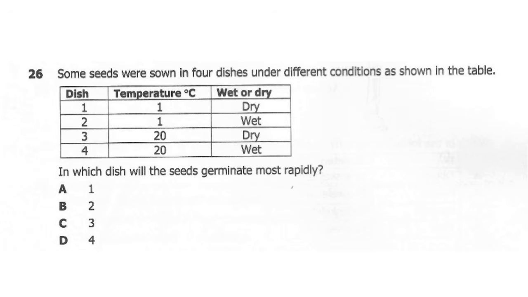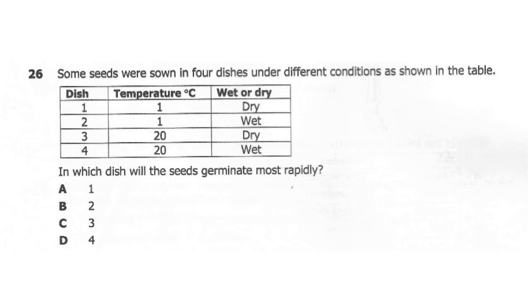Question 26. Some seeds were sown in 4 dishes under different conditions as shown in the table. Dish 1, temperature 1 degree Celsius, dry. Dish 2, 1 degree Celsius, wet.